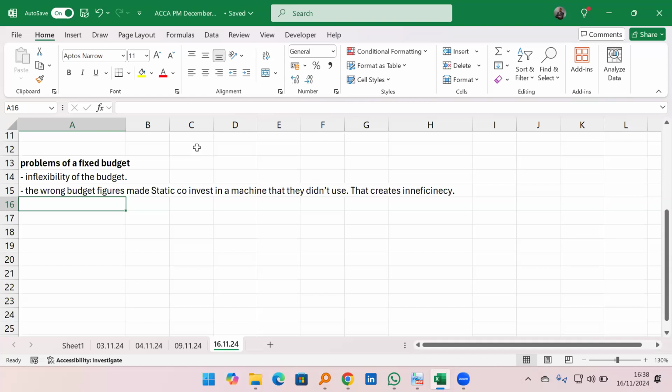So what has ended up happening is that you have a budget, but it's not beneficial because it has made you invest when you shouldn't have invested. So that's a problem. And that 6 million that you incurred is going to really be a problem.